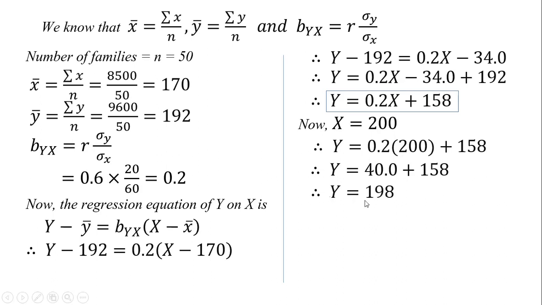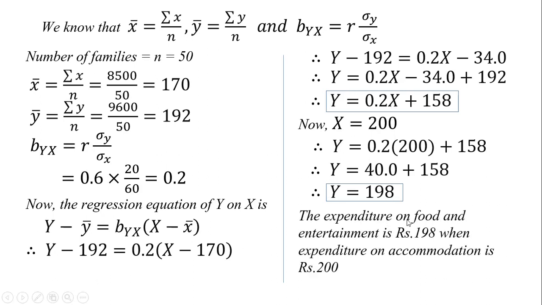Therefore, we get y is equal to 198. Okay. So, when x is given, using this regression equation of y on x, we find y. The expenditure on food and entertainment is rupees 198 when expenditure on accommodation is rupees 200.